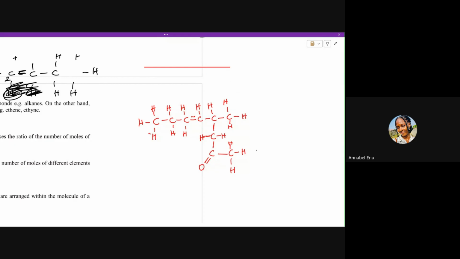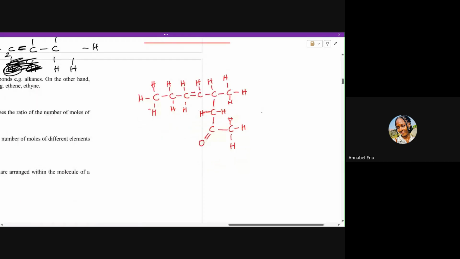So the longest continuous carbon chain, we have outlined it to be like this, right? So this is now going to be octane. Well, we should not be in a hurry to write it in.